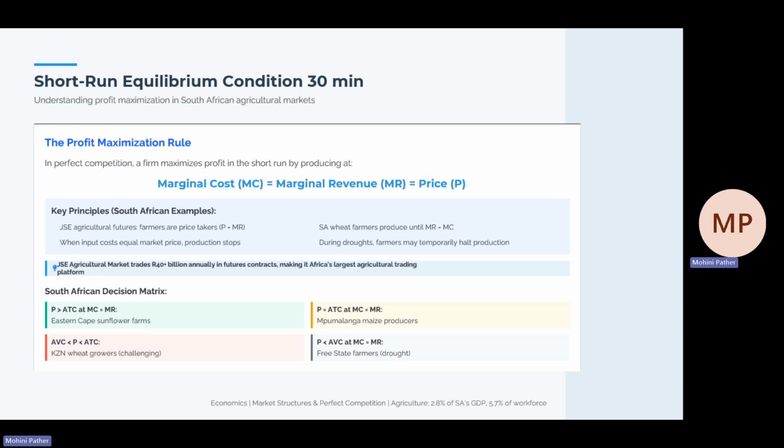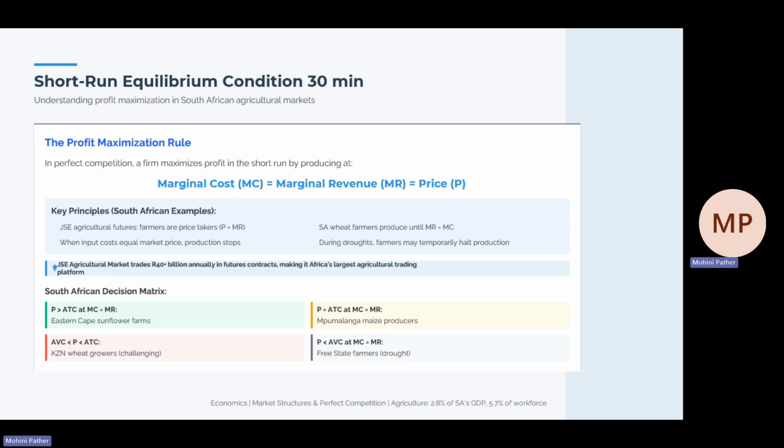Now, marginal revenue is simply the revenue we receive from selling one additional unit. What is that? Obviously, the price at which we sold it. We optimize that relationship when marginal revenue equals marginal cost, so the cost of producing one additional unit equals the price at which we sell that unit.